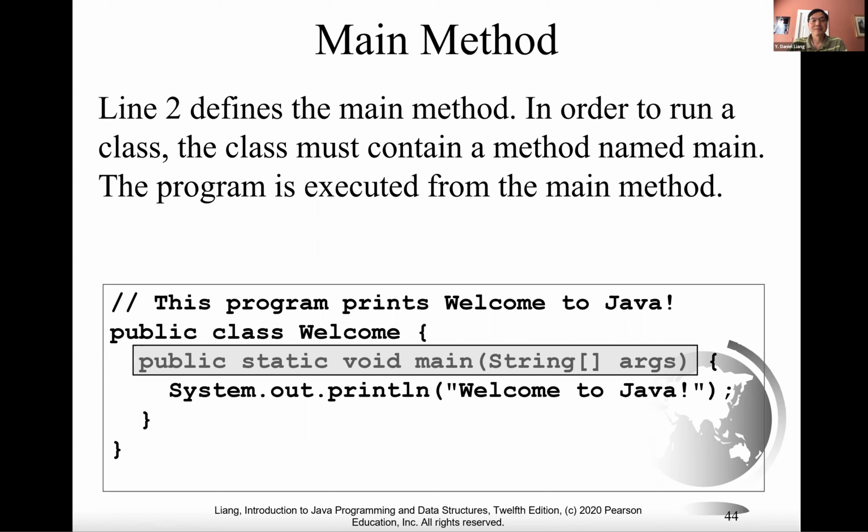The class must contain a method named main. The main method is the entry point for the program when the program starts execution. The main method is always written as public static void main, String brackets args.